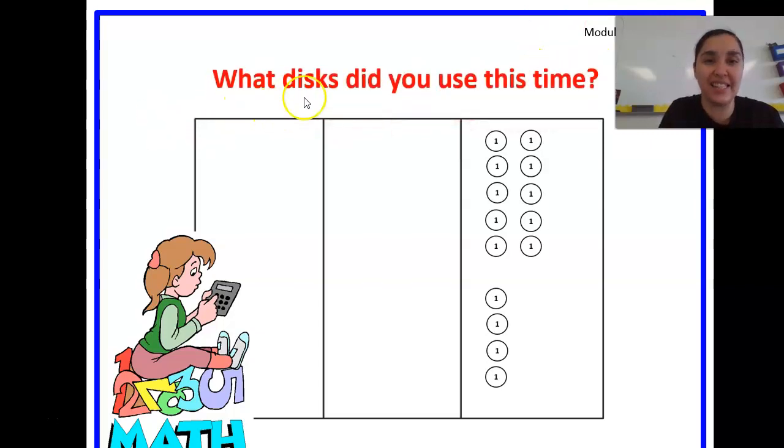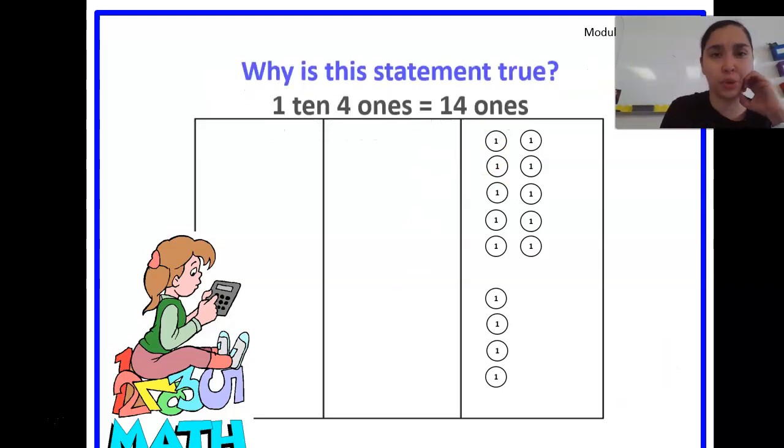What discs did you use this time, boys and girls? Get ready. Yes, 14 ones. Look, let's count. You know that 5 and 5 make 10. 10, 11, 12, 13, 14. Yes, 14 ones.